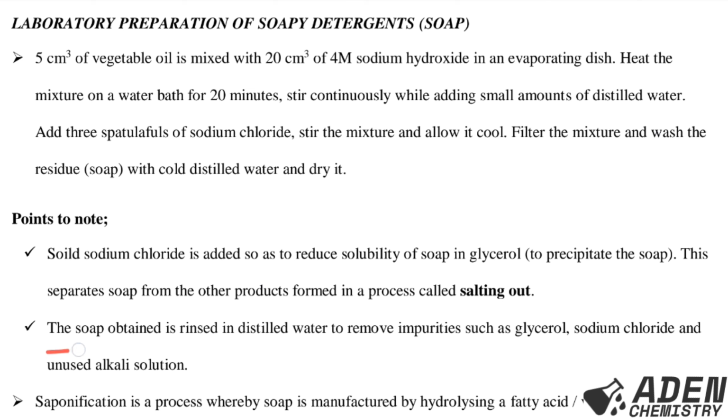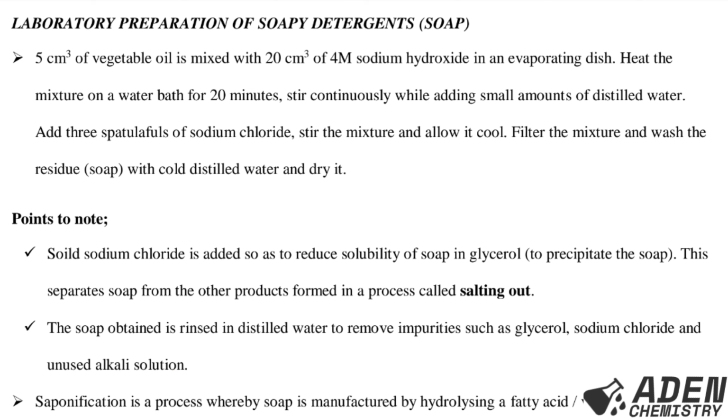Next, the soap obtained is rinsed in distilled water. Remember we said filter the mixture and wash the residue, that's the soap, with cooled distilled water. The reason for rinsing in cooled distilled water is to remove impurities such as glycerol, sodium chloride, and the unused alkali solution, in our case sodium hydroxide solution.